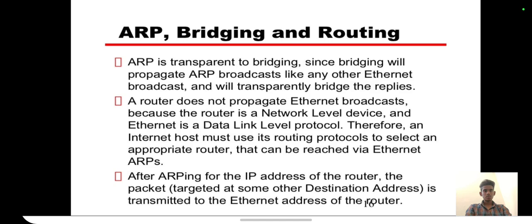Therefore, an internet host must use its routing protocols to select an appropriate router that can be reached via Ethernet ARPs. After ARPing for the IP address of the router, the packet targeted at some other destination address is transmitted to the Ethernet address of the router.